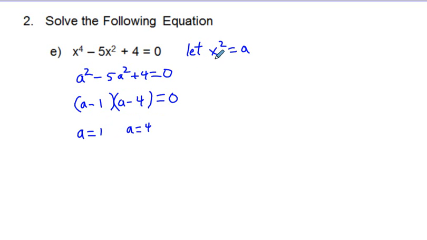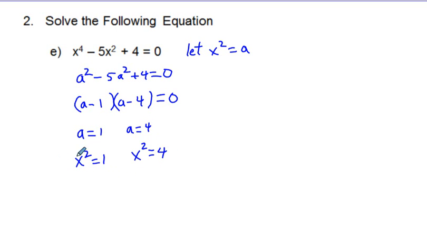And now we can take our x squared equals a back, and we can rewrite this as x squared is equal to 1, and also x squared is equal to 4.